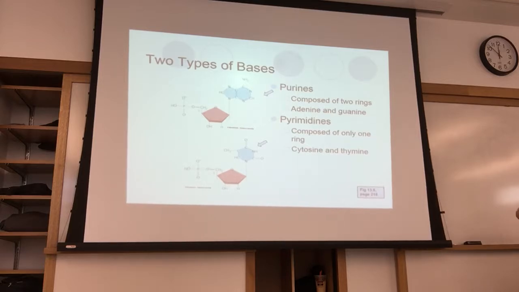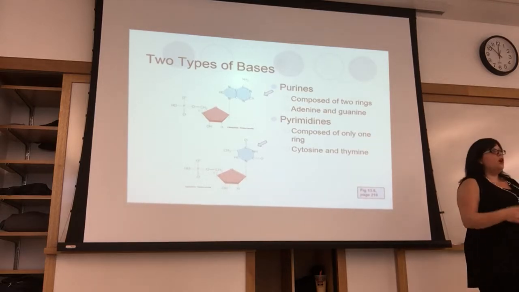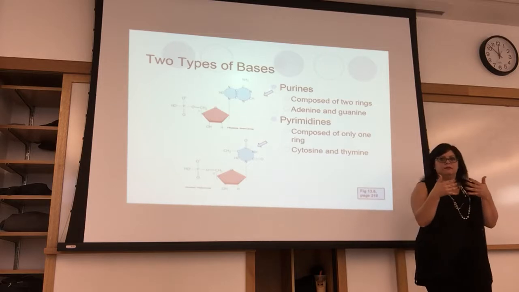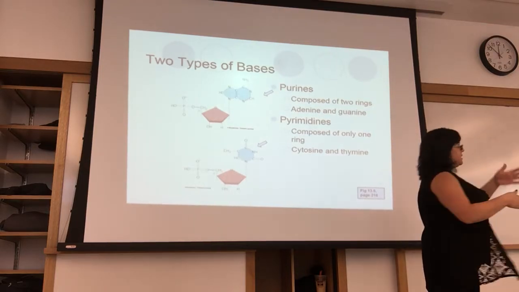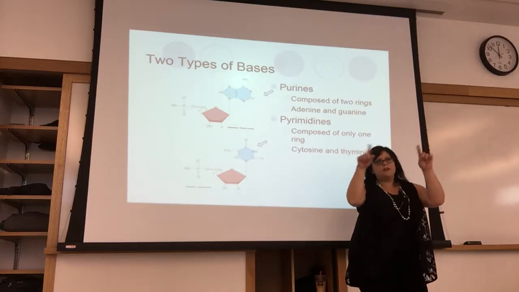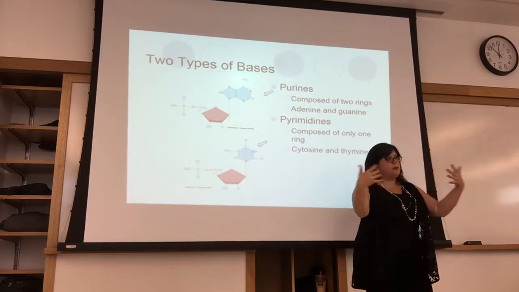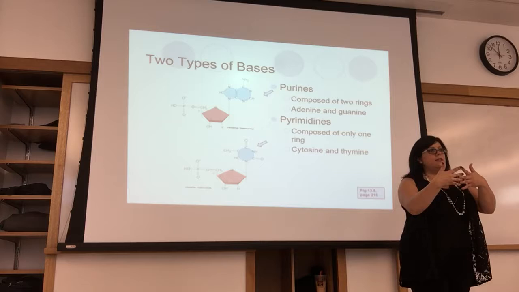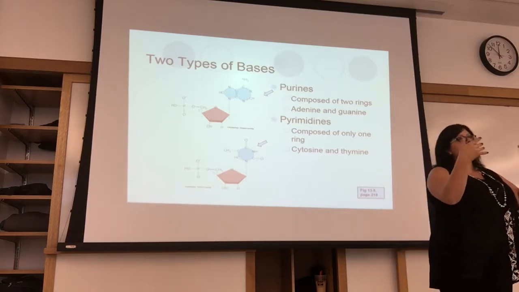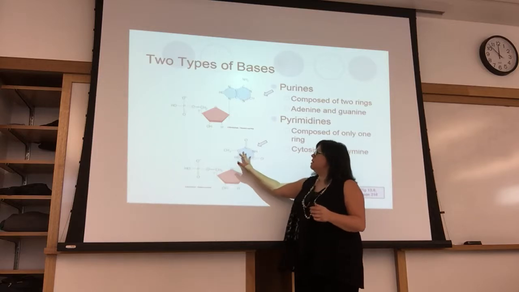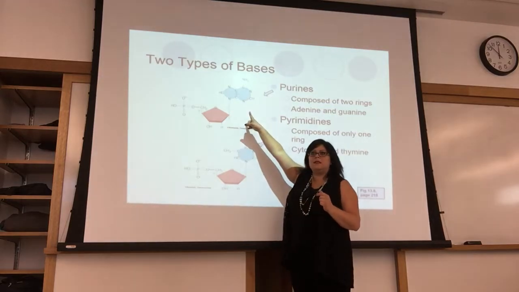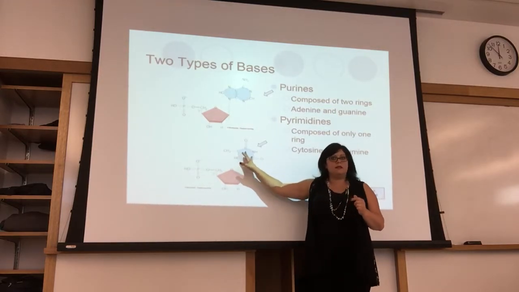The significance of this is when we hydrogen bond. We were looking at 2 strands of nucleotides and the sugar phosphate backbone on the sides, and then we talked about the hydrogen bonding between the bases. The hydrogen bonds will only form between a purine base and a pyrimidine base.